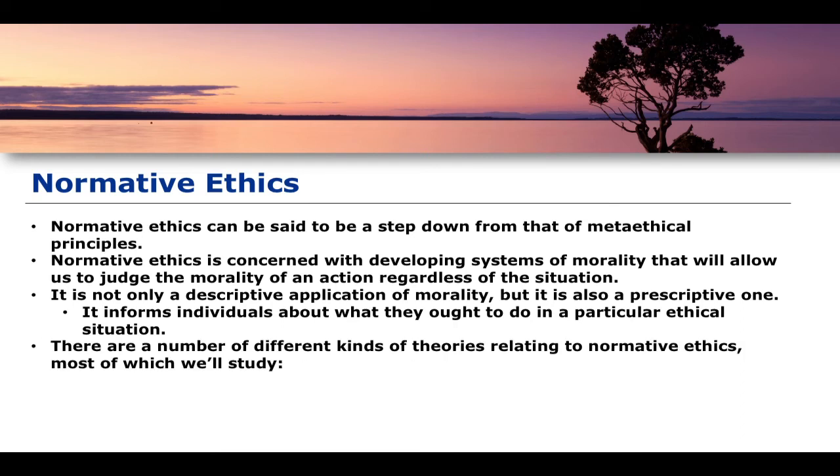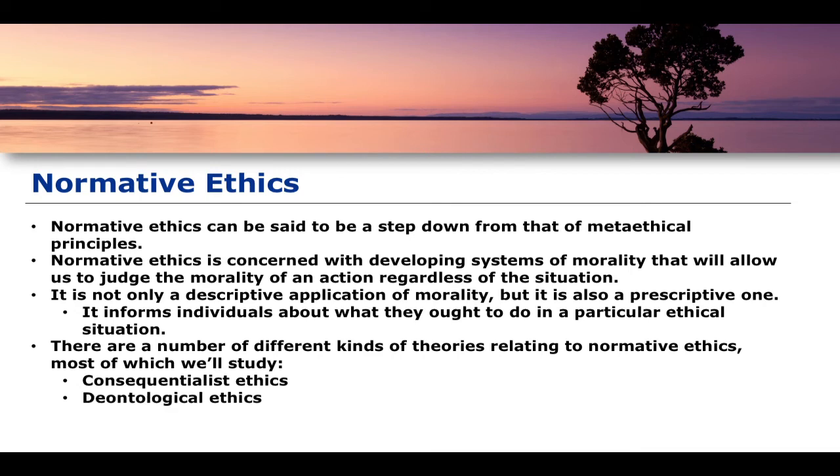There are a number of different kinds of ethical theories relating to normative ethics, most of which we will study in this series of lessons. So we will talk about a broad class of normative ethical theories known as consequentialist ethics, which can be split into general consequentialist ethics, and there are some more specific types, things like utilitarianism, for example.